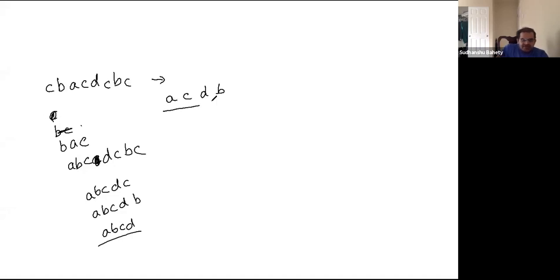So this is the ideal solution that you have: A, C, D, B. But you cannot get A, B, C, D from here. So A, B, C, D is not possible from here. Only possible string is A, C, D, B, which is the lexicographically smallest string and which contains all the 4 characters.